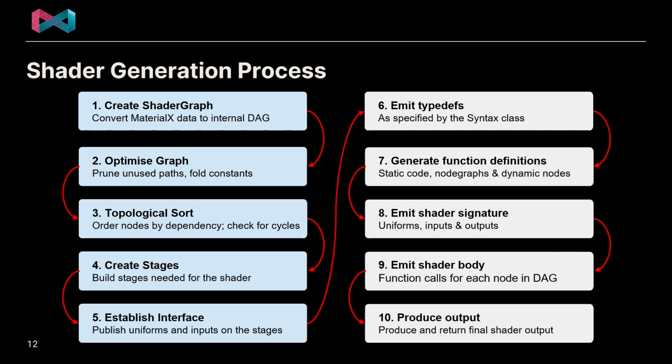One example of this is the new OSL network generator. It first generates OSL code for each individual MaterialX node. These are then compiled into small executable units called OSOs. And then the MaterialX graph is translated to a network of these OSO shaders that an OSL renderer can then consume.